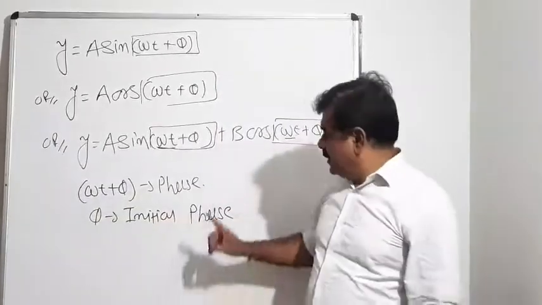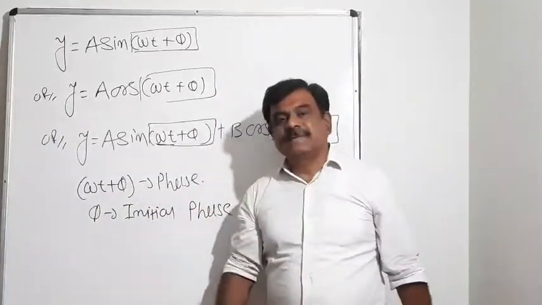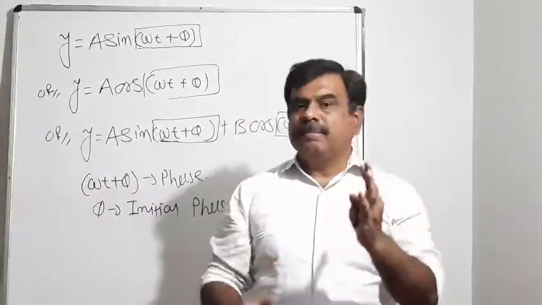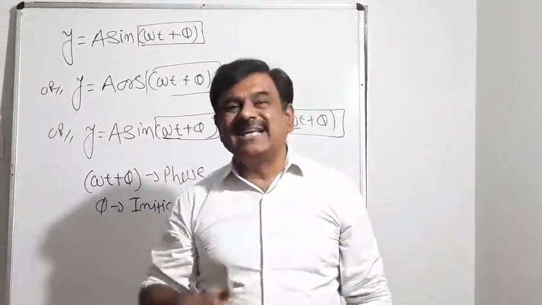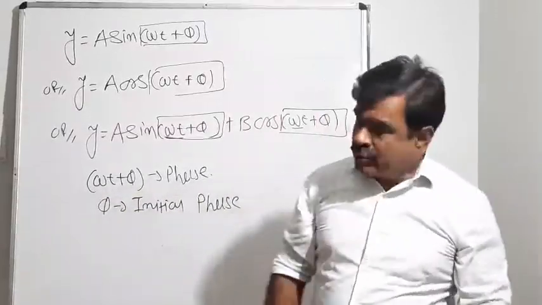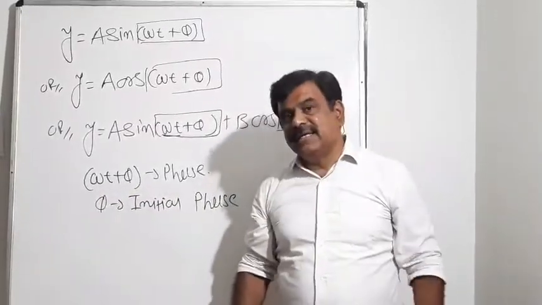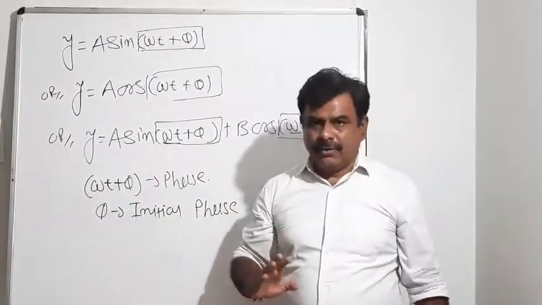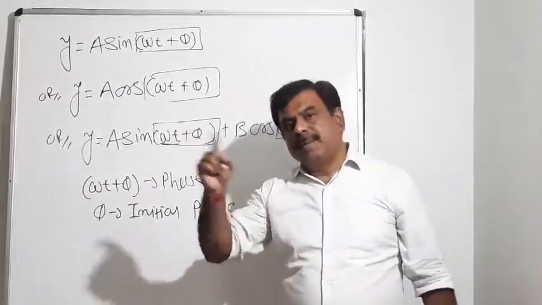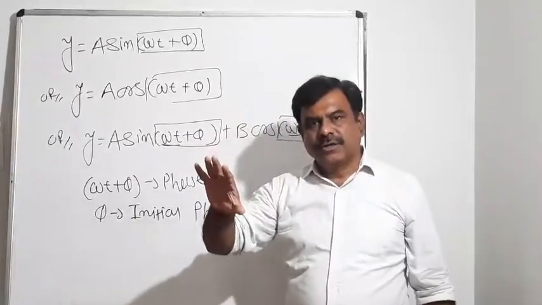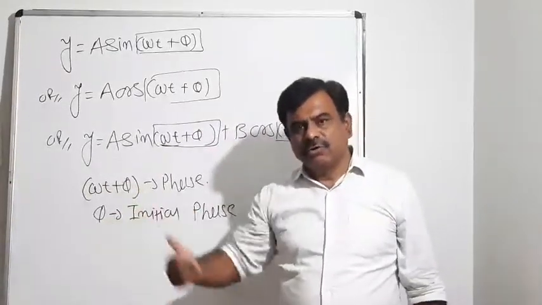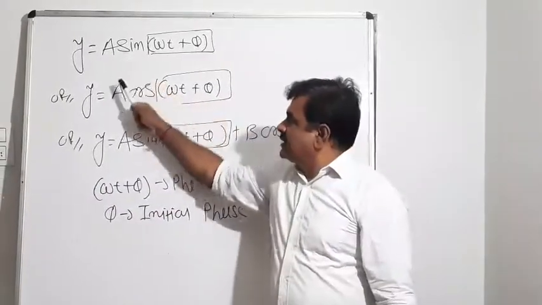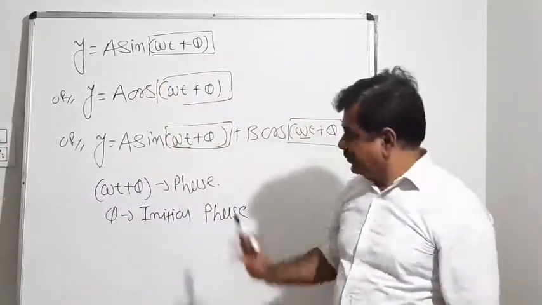Again I repeat, initial phase can be decided by from where motion starts. Or it may be from the uniform circular motion figure, but that we will go through later on. One more thing, here A represents amplitude.